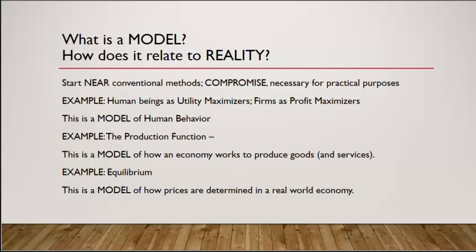The example of equilibrium as a method which generates prices. This is a model of how prices are determined. So from the start, it seems clear that these models are not true in the sense that we know that human beings are not utility maximizers. But then if they're not true, then how can they be helpful?